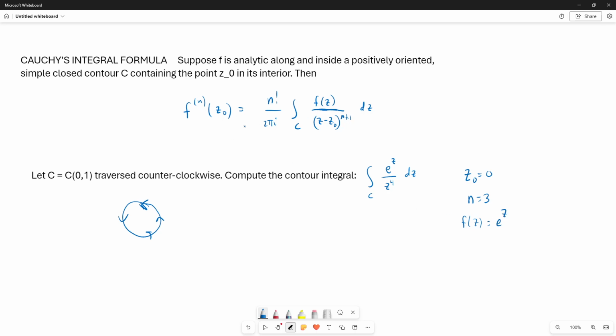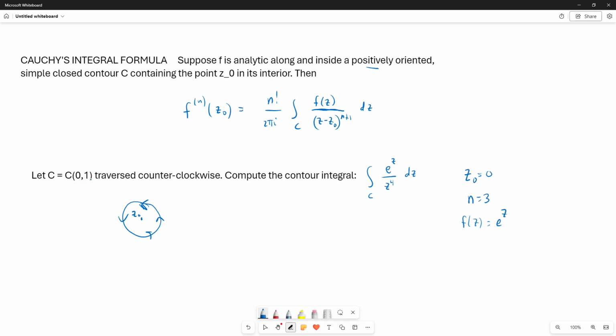So this formula is telling us that the value of a function at a point is equal to this coefficient times this integral, and we're assuming that the function is analytic along and inside a positively oriented simple closed contour that contains the point z0 inside.